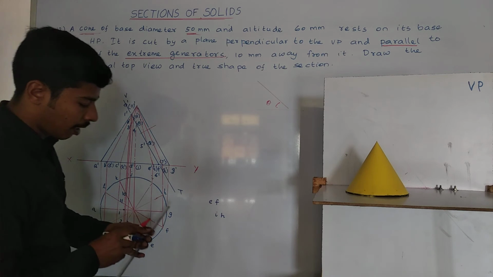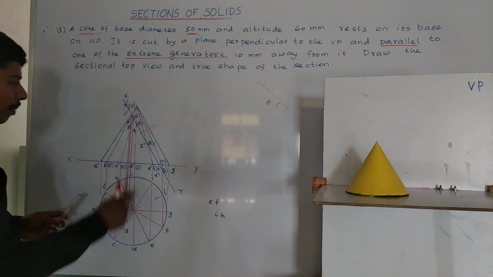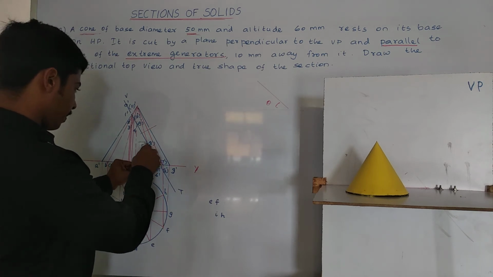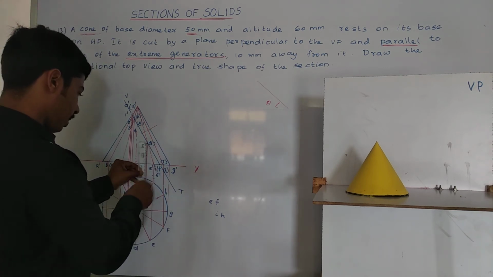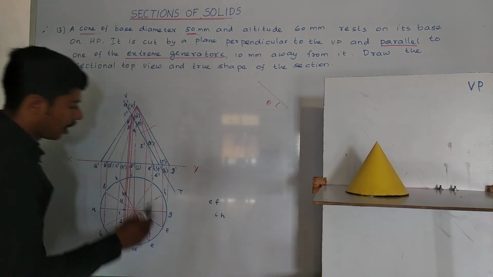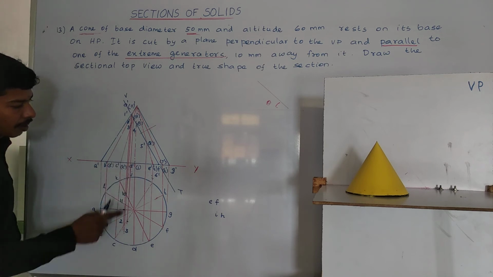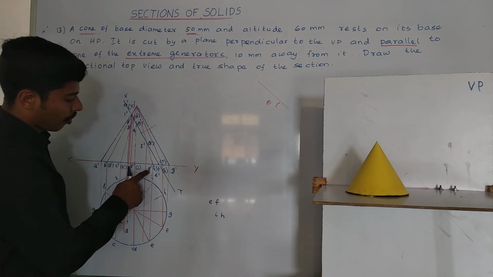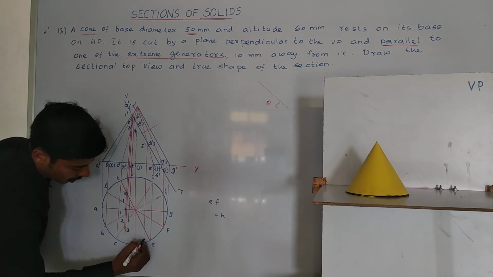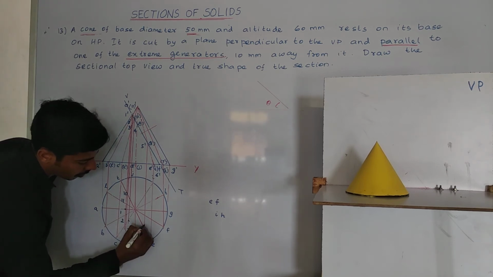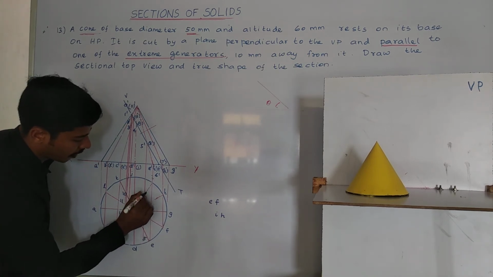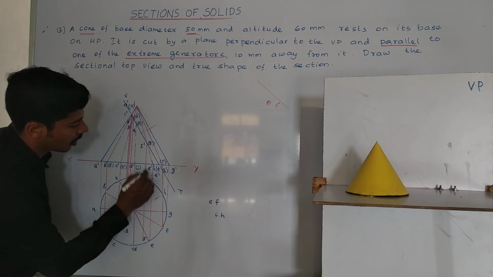Then go for another point. 5 and 8. So 5 and 8 I project towards down. 5 and 8 are in OE and OI. So this is 5 and OE and OI. This is 5 and 8.